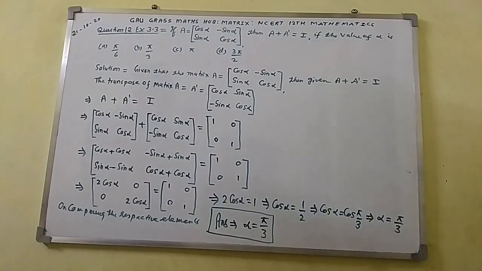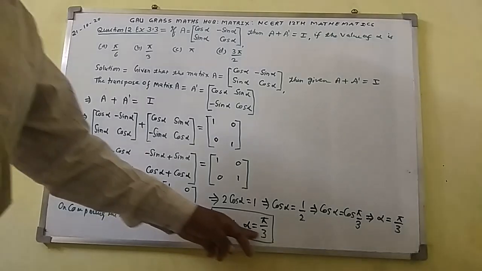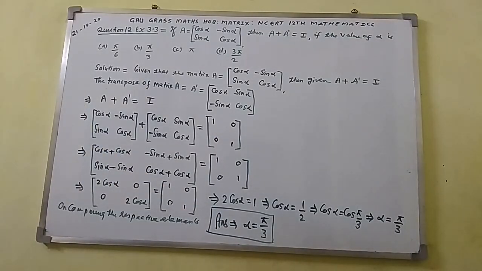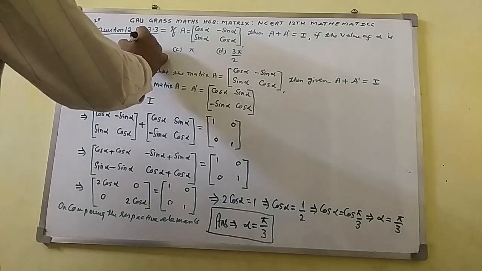Now I have got the answer alpha equal to pi by 3, so I think option B here is correct.